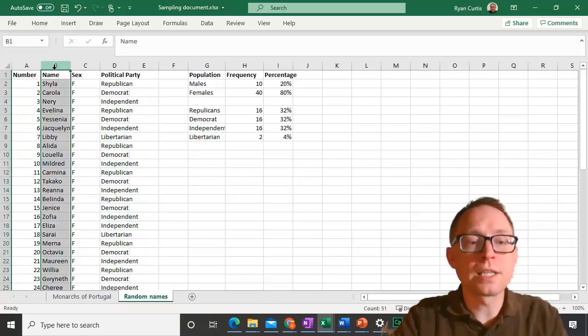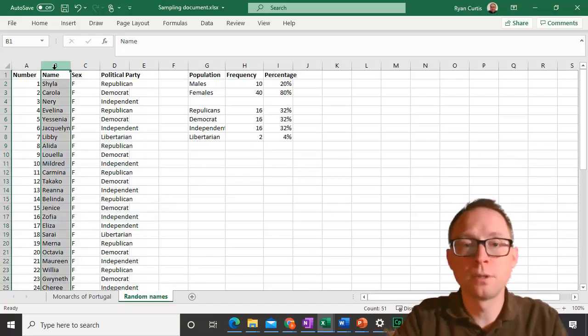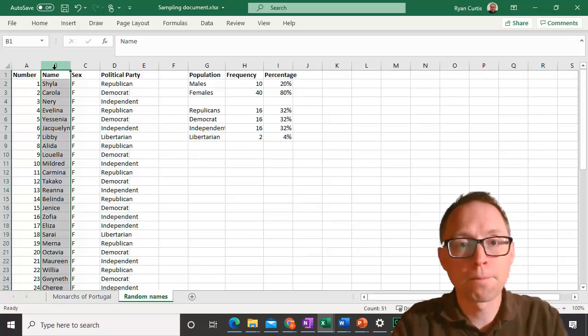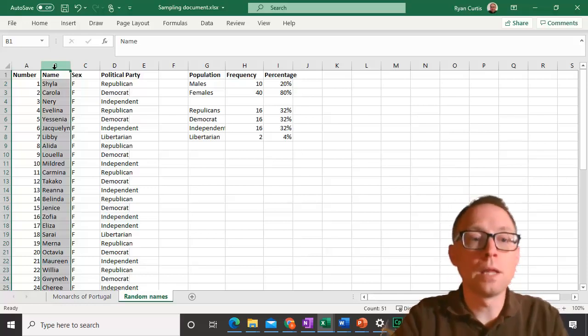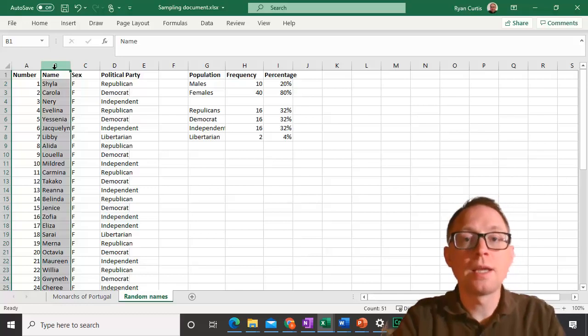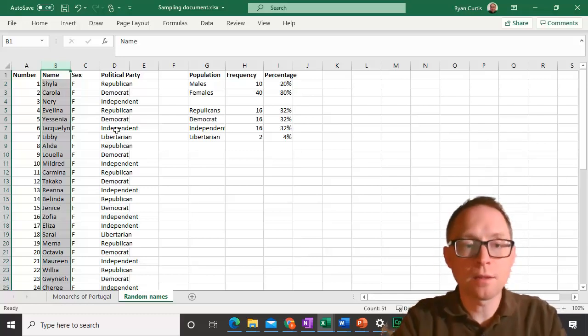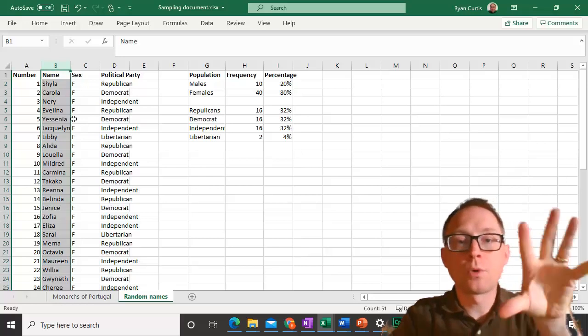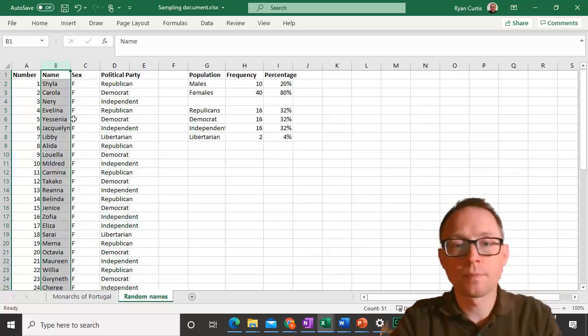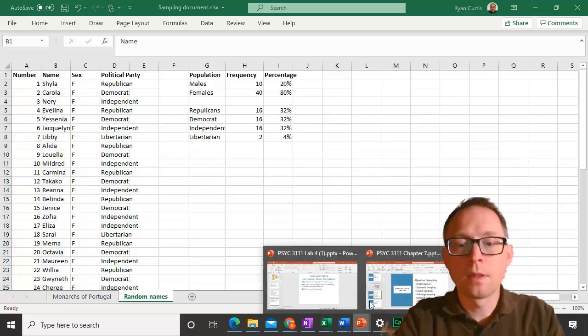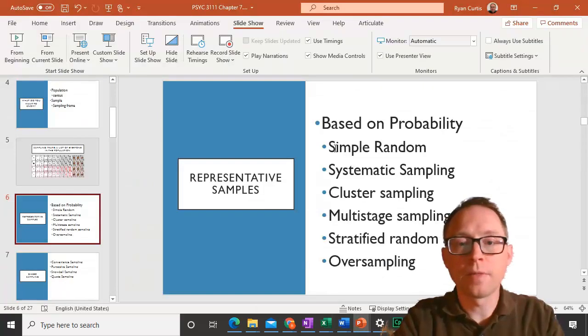So this list of everyone in the population is a sampling frame because we're going to take from these people and we're going to sample. Now, let's start with the first kind of sampling in our representative sampling, and that is simple random.